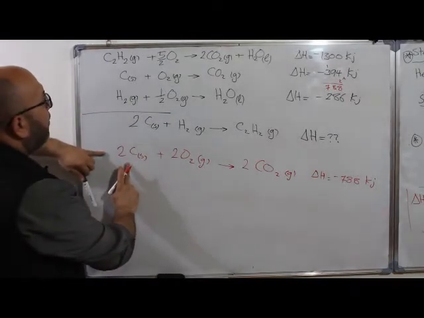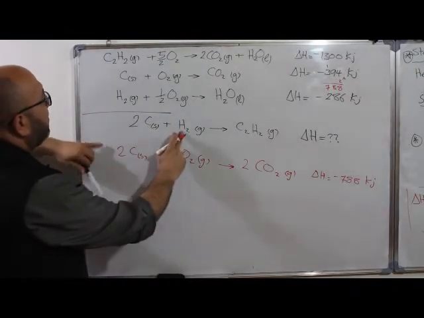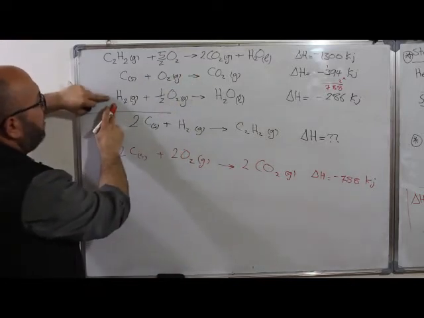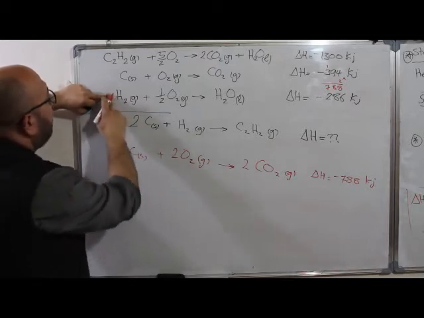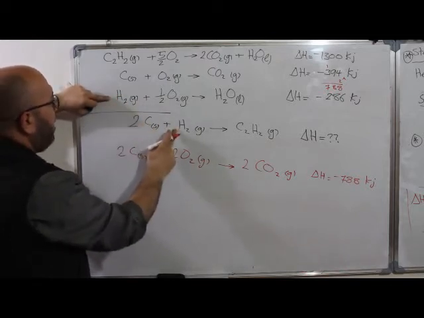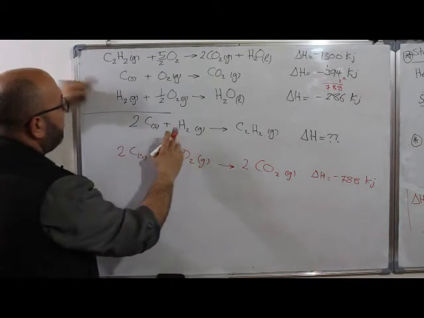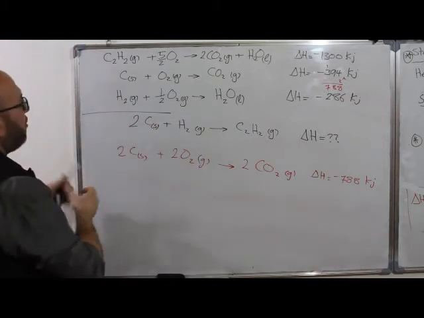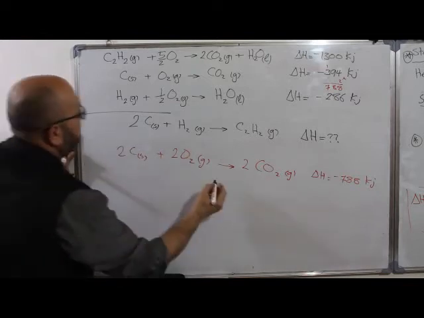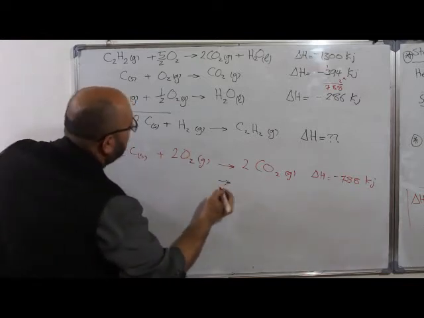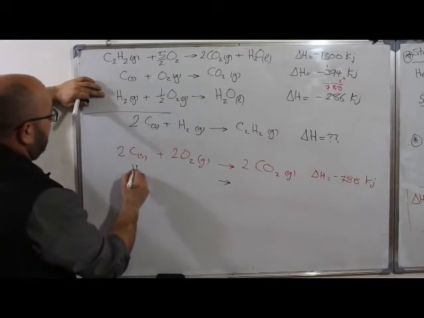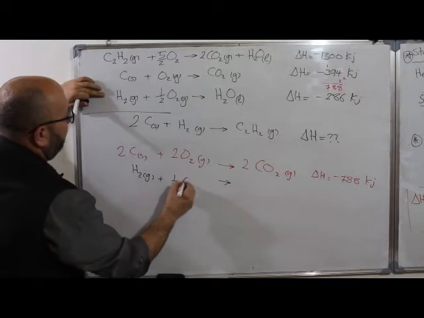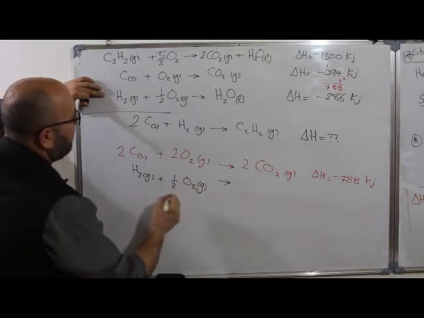The second component, from where we could get it, from which equation? Actually, it's in the third equation, and it's already ready to be used. Why? Because it's 1-to-1 coefficient, and that is our target. So just copy the other equation without any changes, the arrow here, and it's H2 in a gaseous state plus half of O2 in a gaseous state.